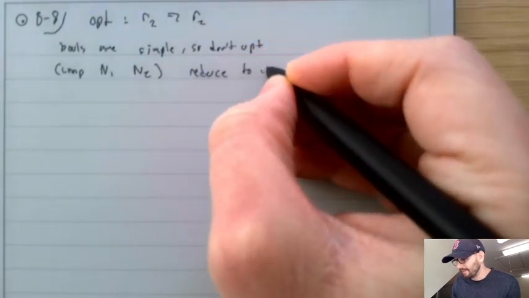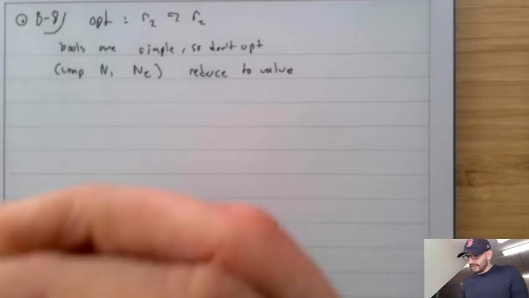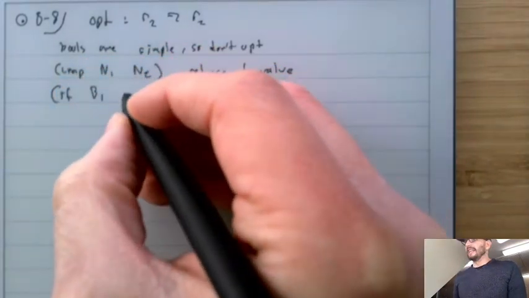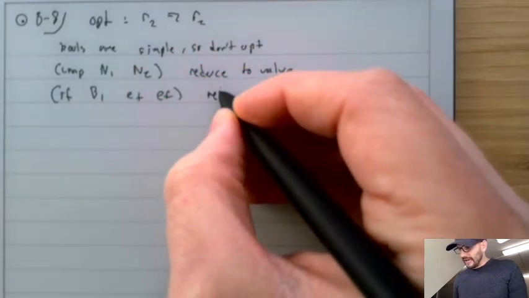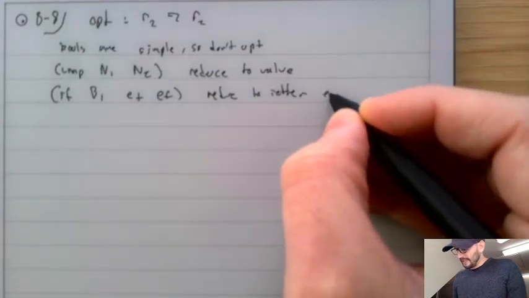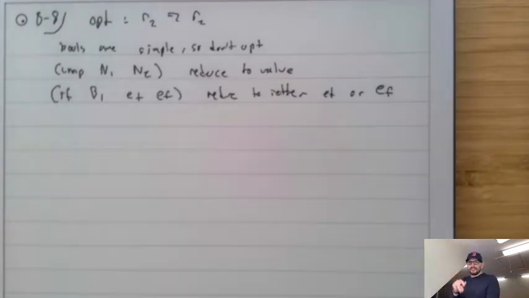We can actually perform whatever the operation is. Similarly, if we get an if statement that has a concrete bool in it, we can reduce that to either ET or EF. So we can concretely look at this statement and just reduce it to whatever it's supposed to be.